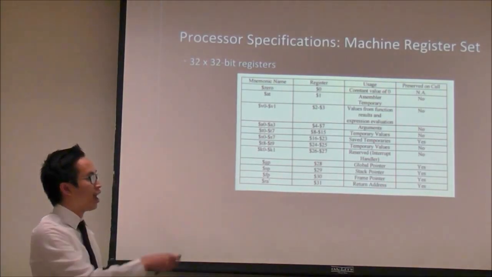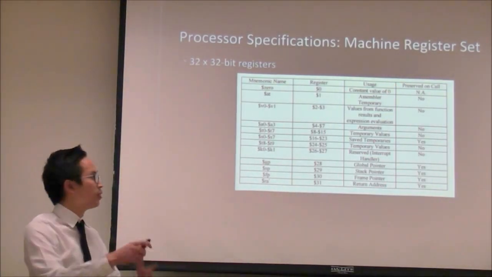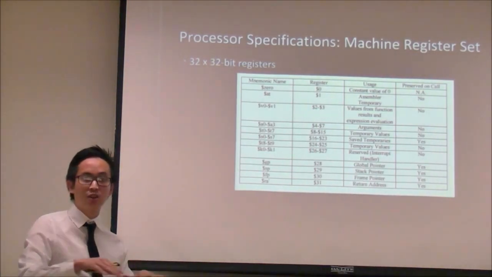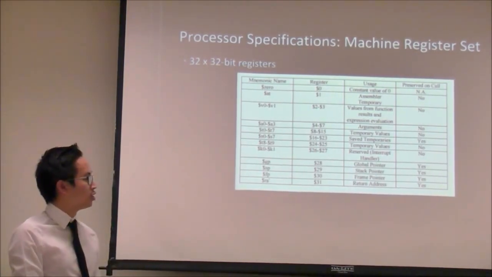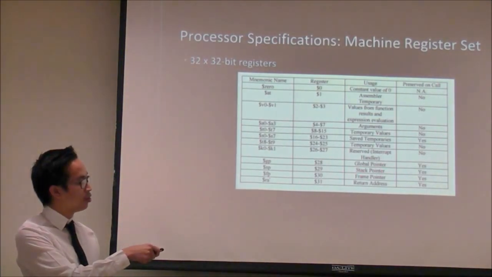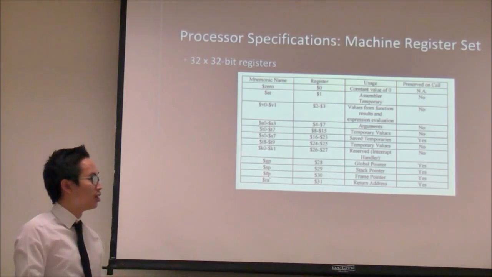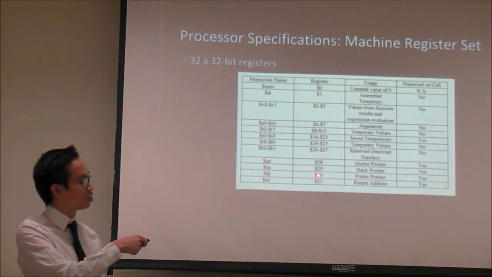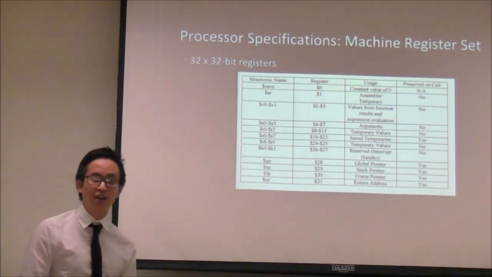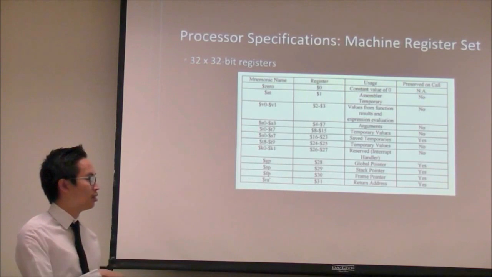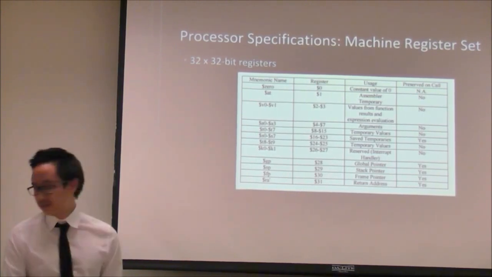The ones you are probably most familiar with are the 0 register, which contains a constant value of 0 and which you're unable to write to. Stack pointer, which is at register 29, which is used to point to the stack data memory, and our return address register, register 31, which is used for our jump and link instruction when we want to save the PC to register 31.